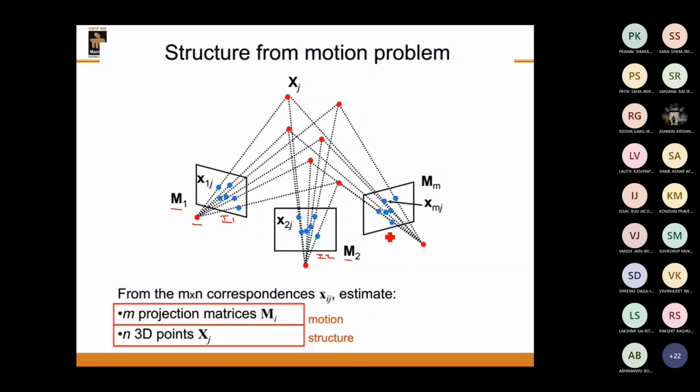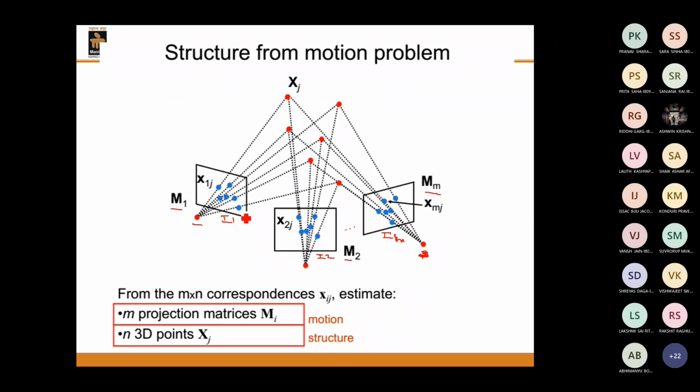Then you have the image I3, which is formed from the third camera and the corresponding matrix. And you have multiple such cameras, and this is the mth camera, if there are m cameras, and that is the camera matrix corresponding to the mth camera.